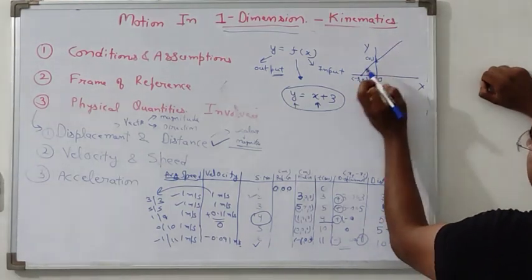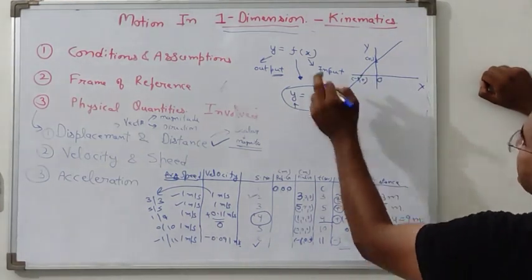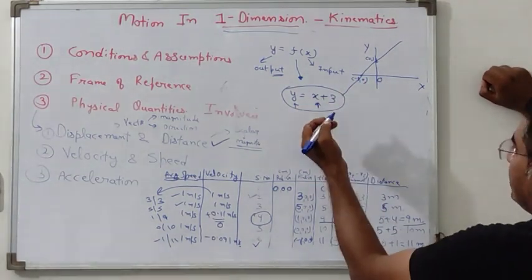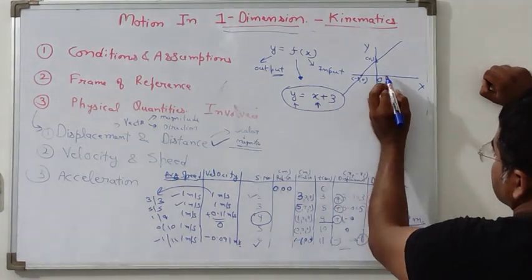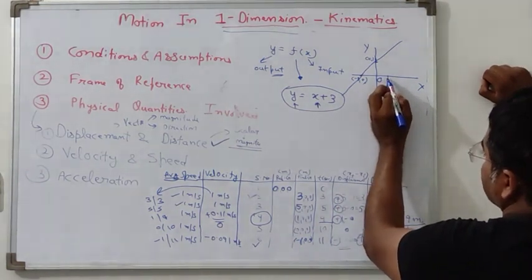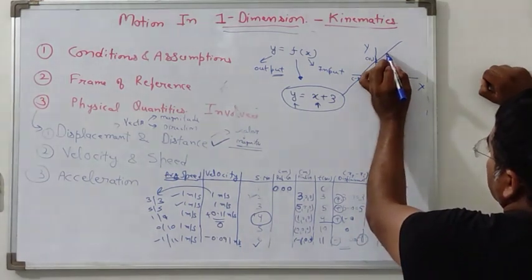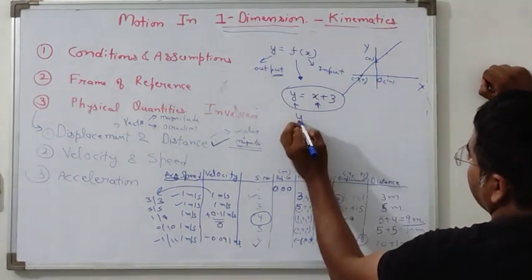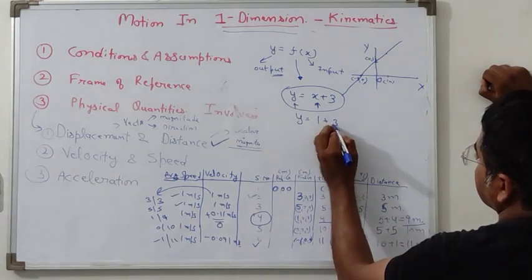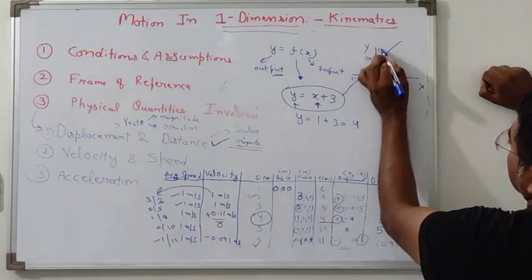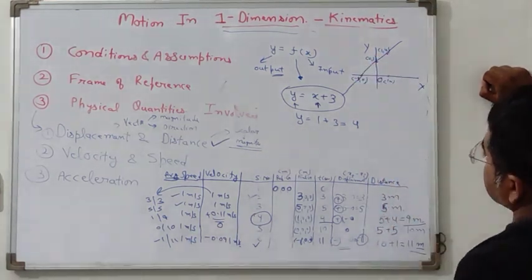So this is our straight line which satisfies this function. And if you take any value of x, suppose x is 1, the corresponding value of y will be 1 plus 3, that is 4. So the coordinate of this point will be (1, 4).